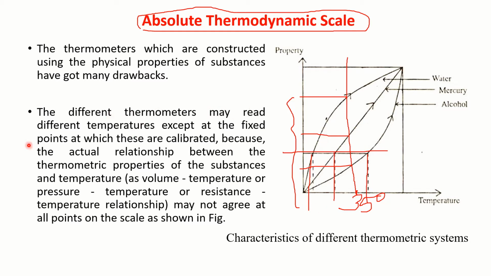The different thermometers may read different temperatures except at the fixed points at which these are calibrated. Because the actual relationship between the thermometric properties of the substances and temperatures, as I explained, volume-temperature, pressure-temperature, resistance-temperature relationship, may not agree at all points on the scale as shown in the figure.